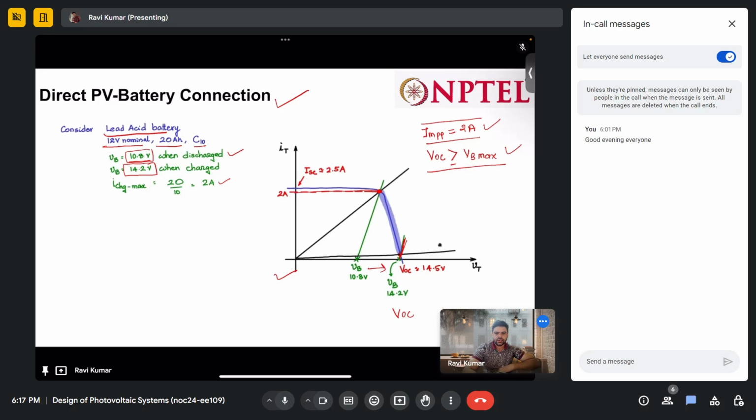But if the conditions are not the same, or we can say the battery maximum charge and this VB, or the VOC, is different, then we need some charge controller between the PV panel and the battery. So this will be the scenario now.